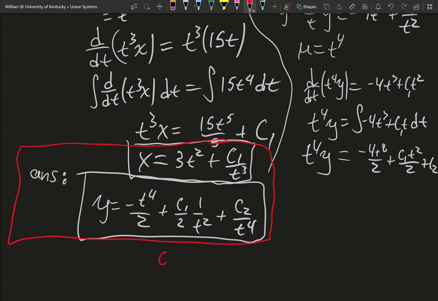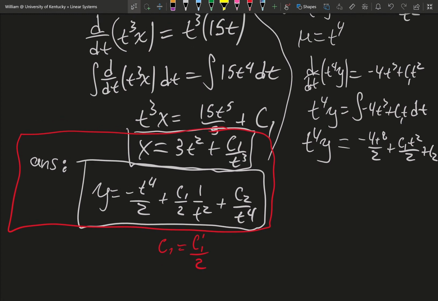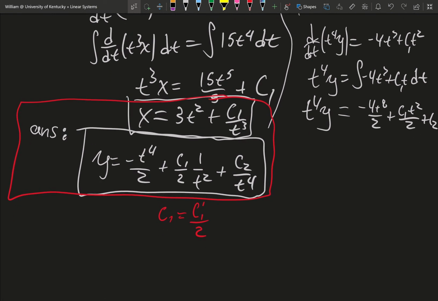So C1 prime is the old one over 2. That's kind of confusing. Okay, I want to introduce a new constant, C3 over C1, something like this.